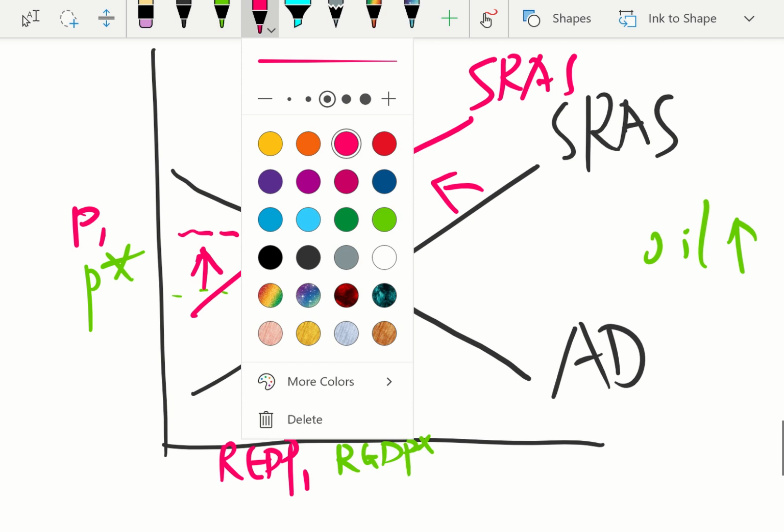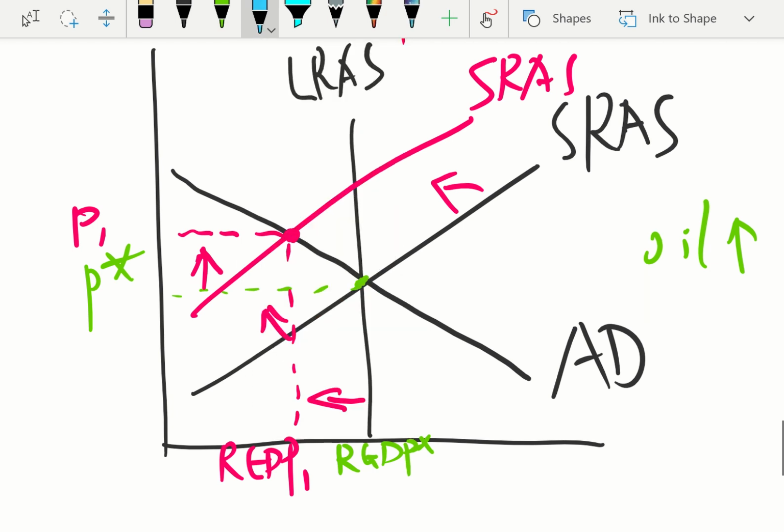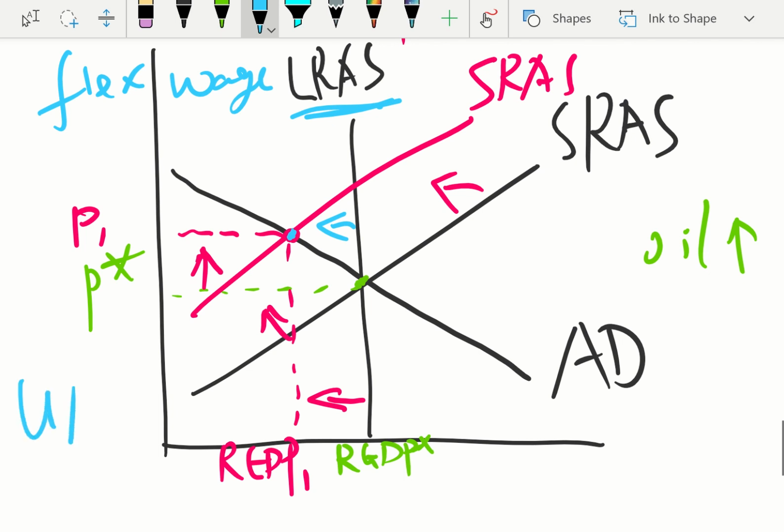If you just keep letting this happen by itself, the economy will self-adjust. And the reason why we self-adjust, remember, in the long run, all prices are flexible, especially wages become flexible. Now, during recessions, because this is to the left of our long run curve, workers go unemployed, so the unemployment rate goes higher.